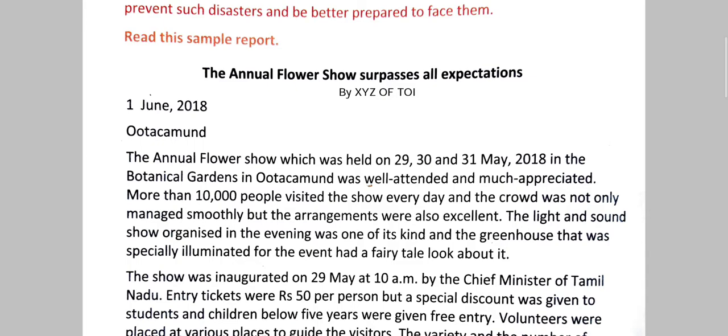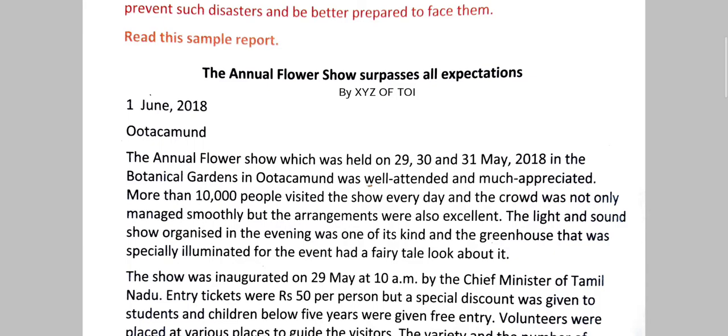In the first line we write: the annual flower show which was held on 29, 30 and 31st May 2018 in the Botanical Gardens in Udhagamandalam was well attended and much appreciated. More than 10,000 people visited the show every day and the crowd was not only managed smoothly but the arrangements were also excellent.